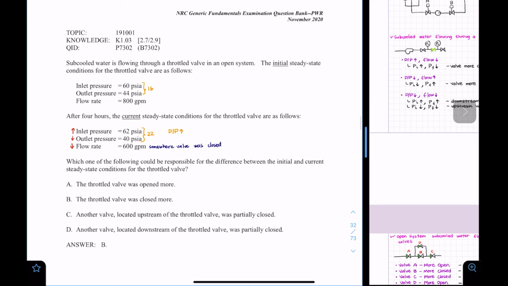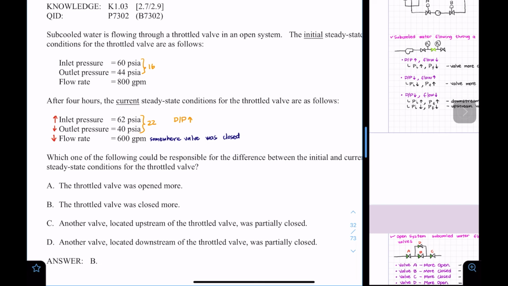This other one, I got an initial differential pressure of 16, so my dP increased, right? So I got an increase in my dP, but I got a decrease in my flow.